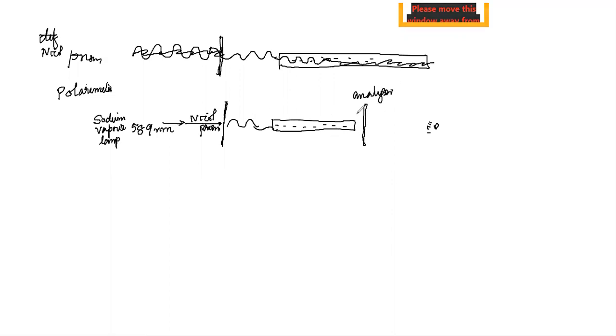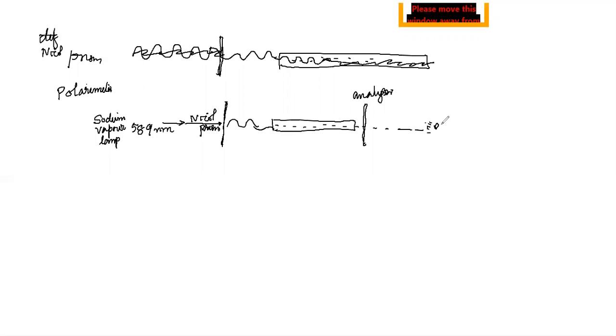So when this slit and the Nicol prism are aligned in the same line, you can see the light from here falling on your eye. Remember, this is done on a microscope. A microscope is a type of instrument.